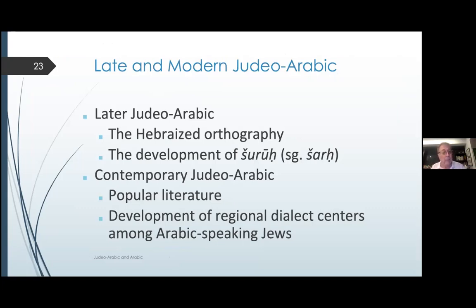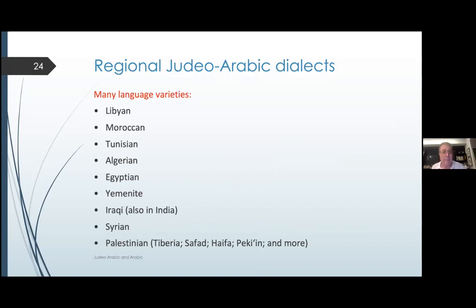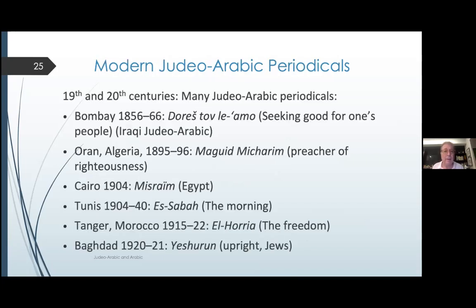And in contemporary, we now have popular literature, and something that I'll emphasize later, the development of regional dialect centers among Arabic-speaking Jews. For example, Libyan, Moroccan, Tunisian, Algerian, Egyptian, Yemenite, even Palestinian Judeo-Arabic. We have Aaron Geva published a few books on the Judeo-Arabic of Tiberias, Safed, Haifa, Peki'im, and more, and we have some interesting features there as well.